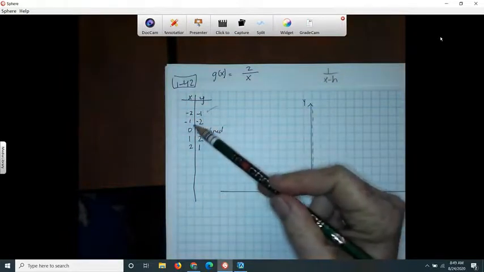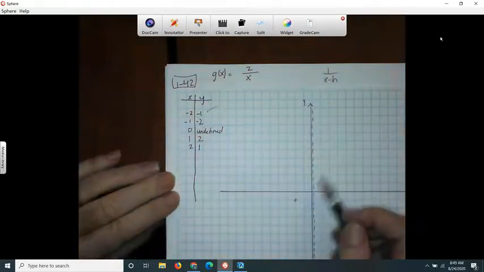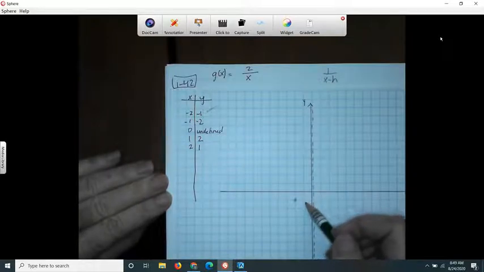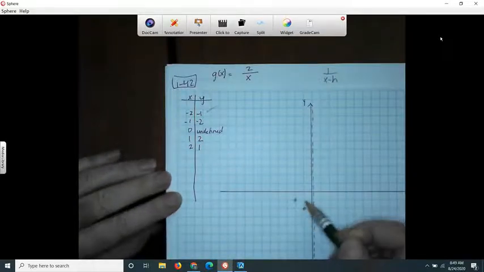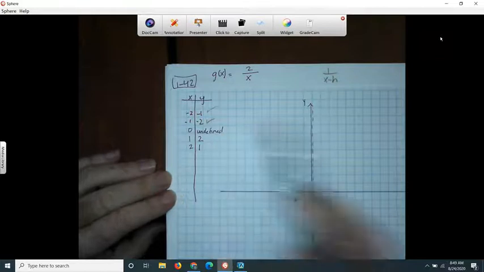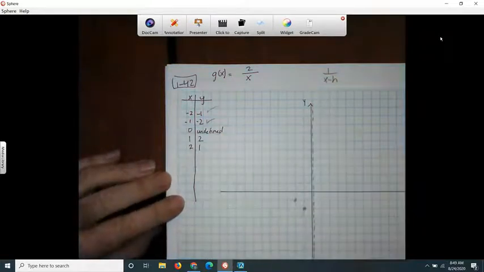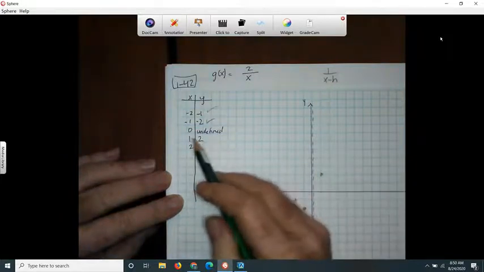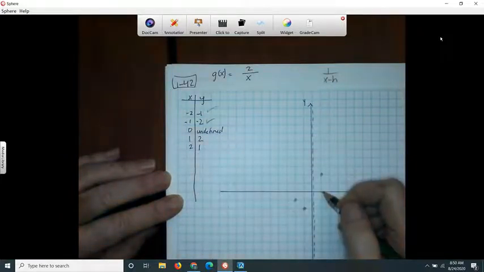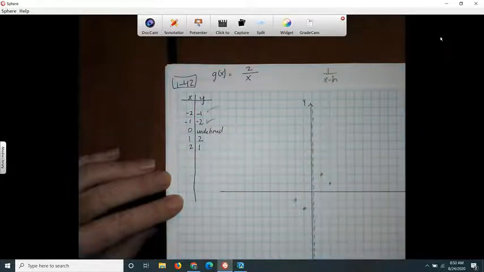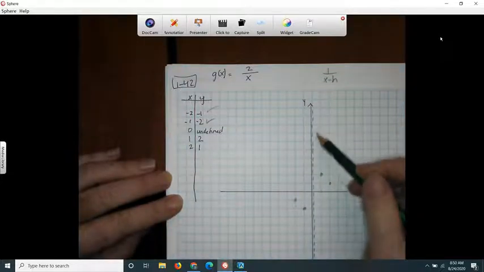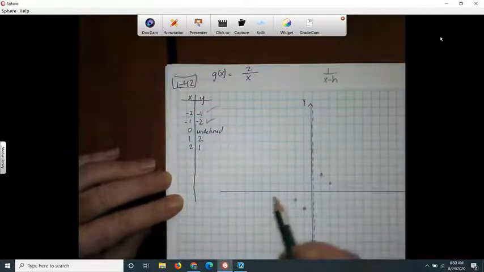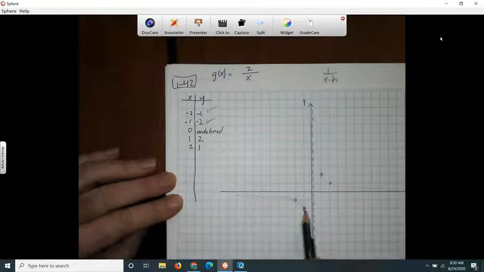Okay, so -1, -2. It's right there. That's my asymptote. 1, 2, and 2, 1. Now, I do know that it's going to go like this and like this.